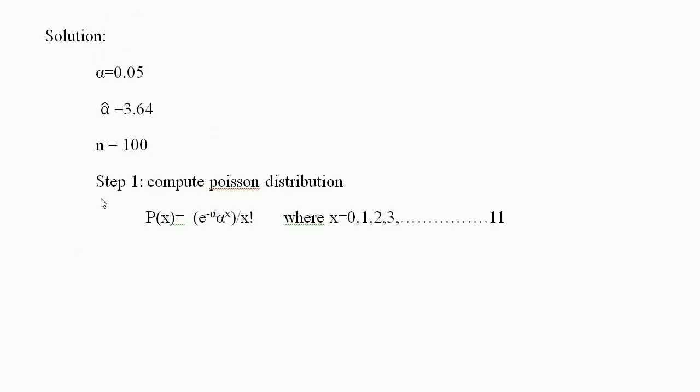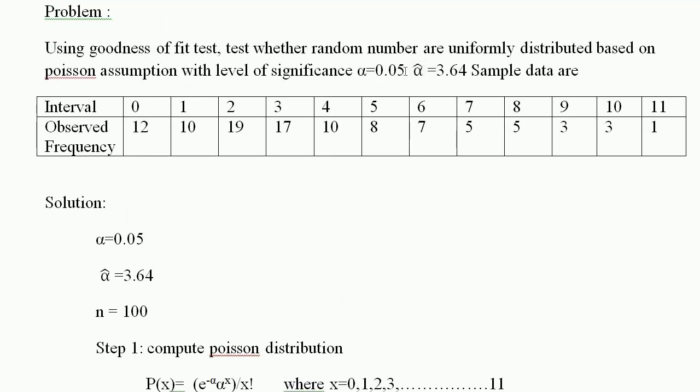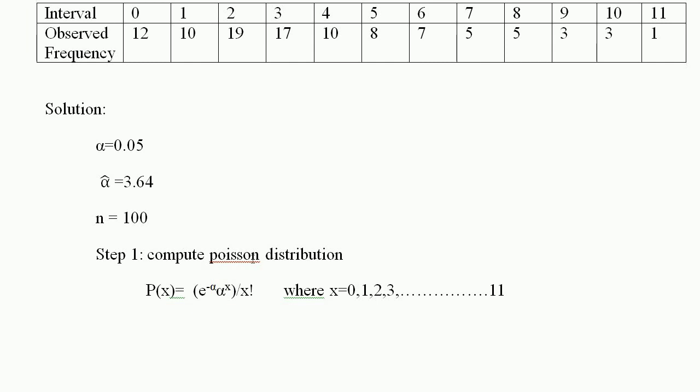Here it is given alpha equal to 0.05 and alpha cap equal to 3.64. What is the difference between alpha and alpha cap? The alpha value 0.05 is used for the critical value analysis, that is, whatever critical value we read from the chi-square table uses alpha equal to 0.05. The alpha cap value, 3.64, is used for computing the Poisson distribution. That is the difference between alpha and alpha cap.